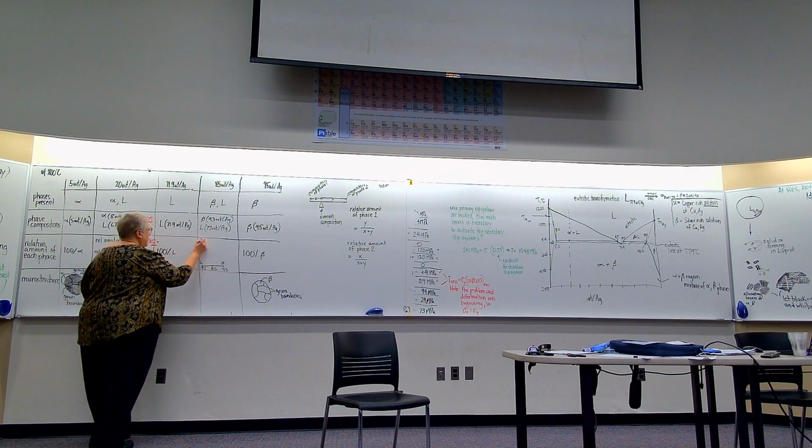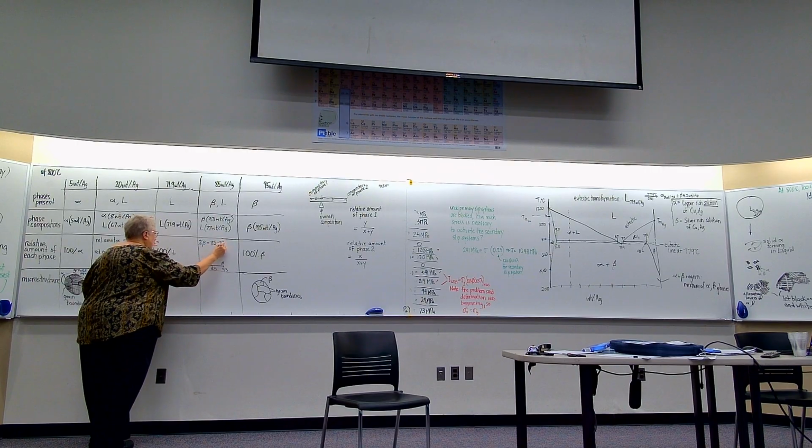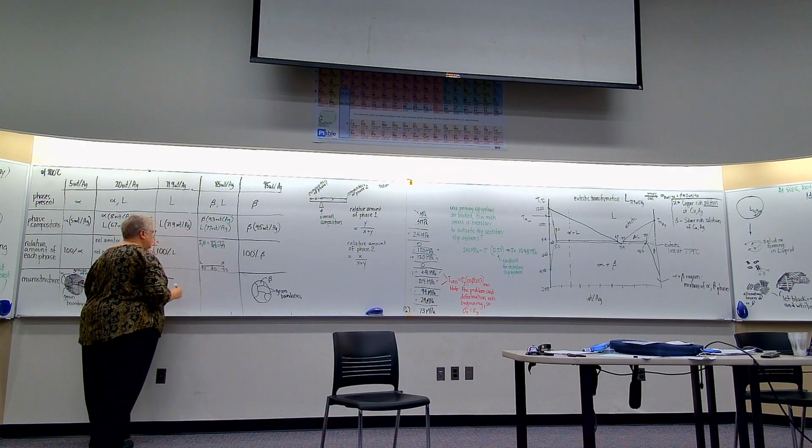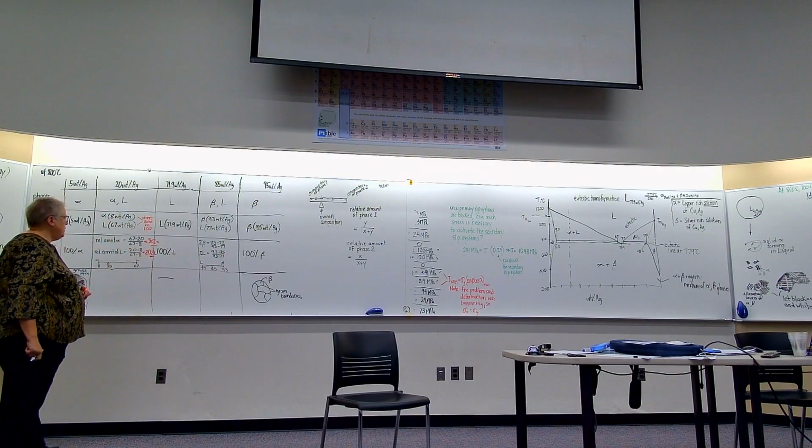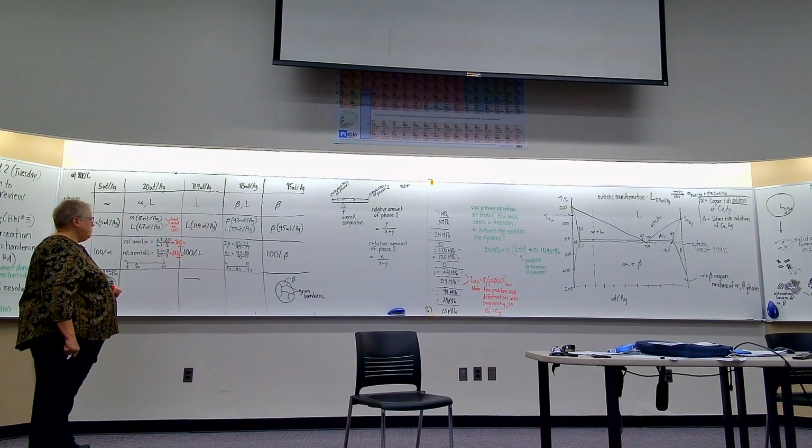So the percent beta is going to be 85 minus 77 over, I'm sorry, 93 minus 77. And the percent liquid is going to be 93 minus 85 over 93 minus 77. About 50%.